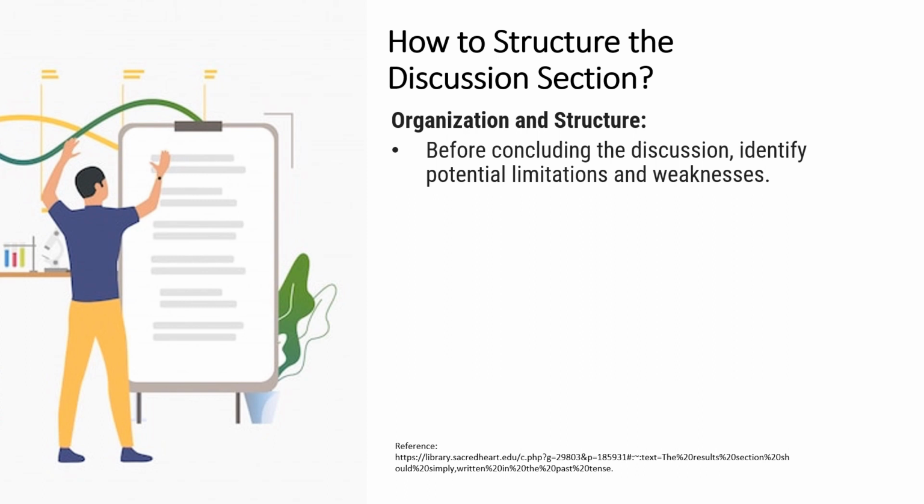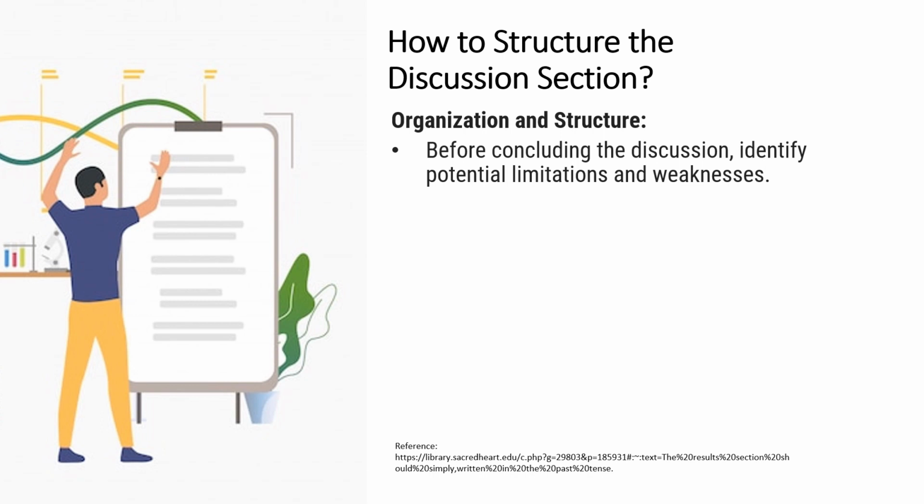So avoid using an apologetic tone though. Just be honest and be self-critical when identifying these potential limitations and weaknesses. So say for example, if you think that the number of respondents in your survey is just too few for us to make a conclusion or recommendation or generalization, you have to state this potential limitation before jumping to conclusion.